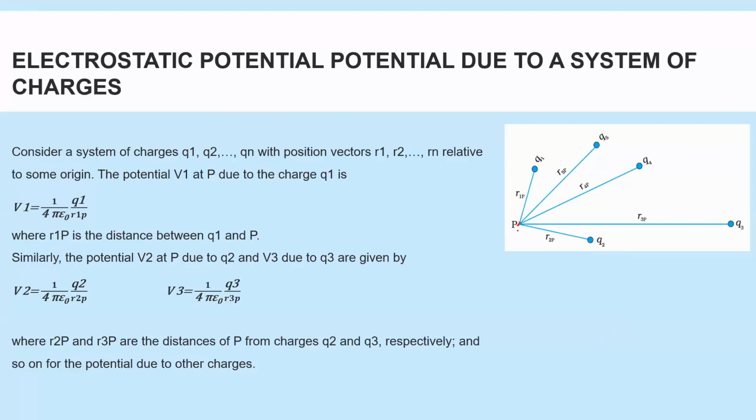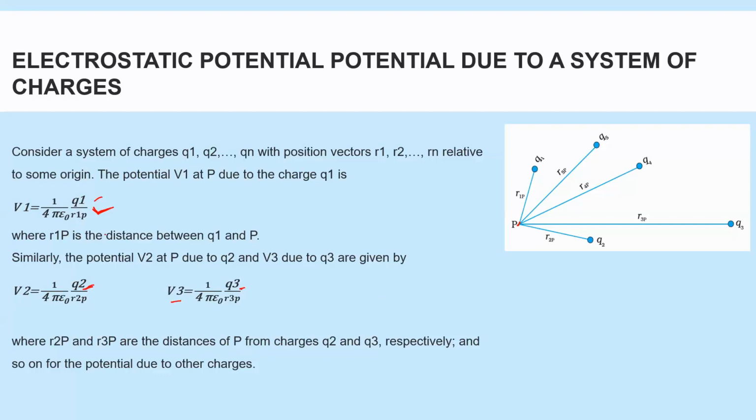So what we will do is find the electrostatic potential by the work done by the external force in getting the charge from infinity to the point, due to one particular charge. So for q1 we will find v1, for q2 we will find v2, for q3 we are going to find v3, and so on.